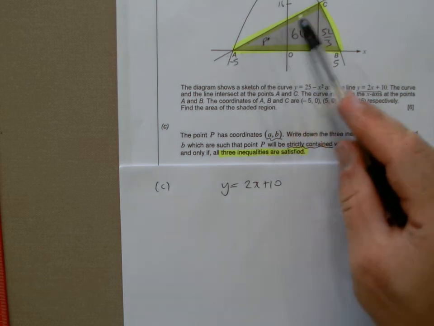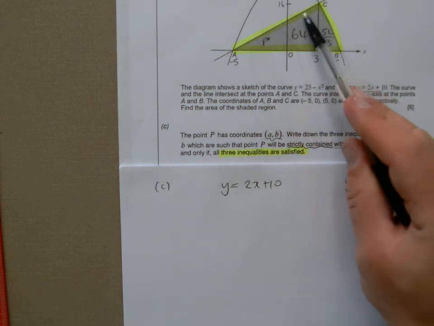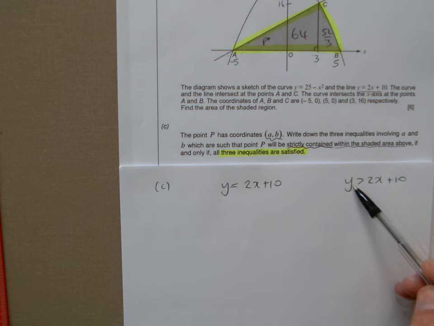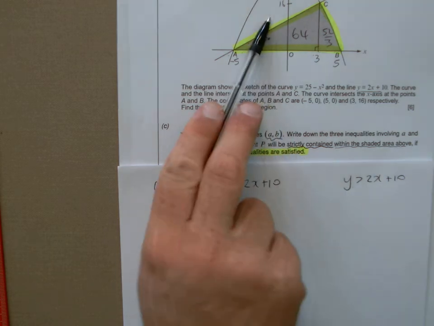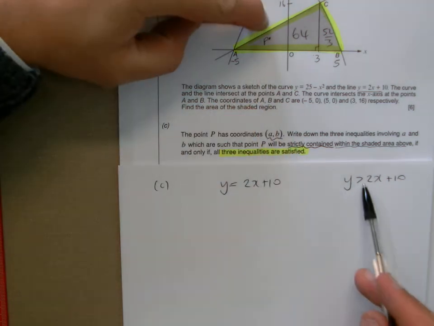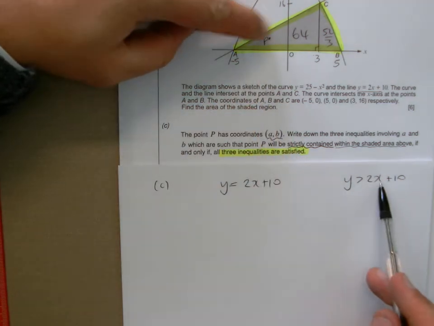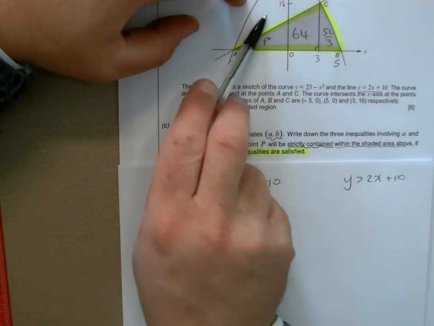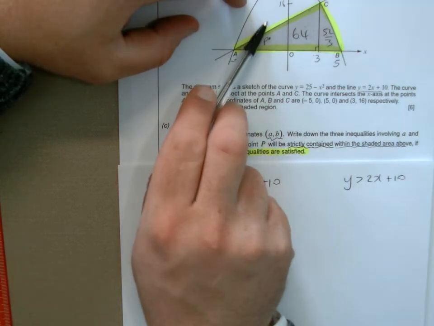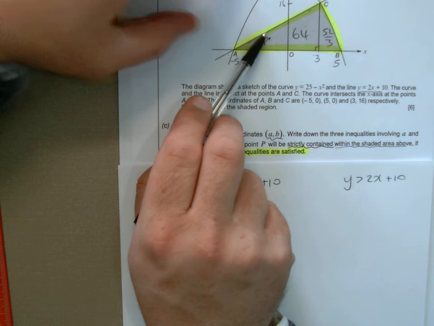Because the line is what 2x plus 10 is, and if it was above it, the value of y up here would be greater than the value on the line. So suppose P was there, above the line, the value of y, whatever it is, would be greater than whatever 2x plus 10 is on that line.